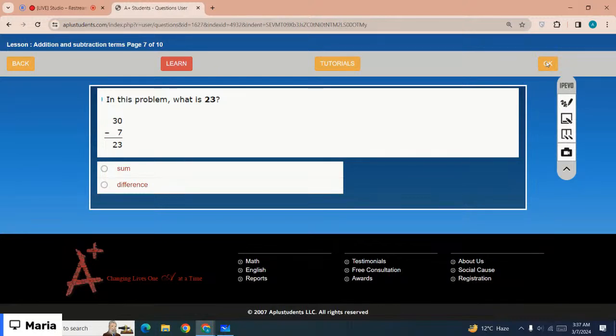In this problem, what is 23? Yes, 23 is the difference.